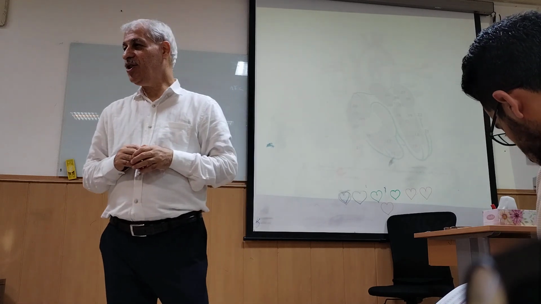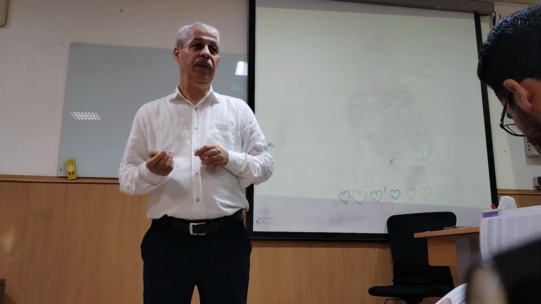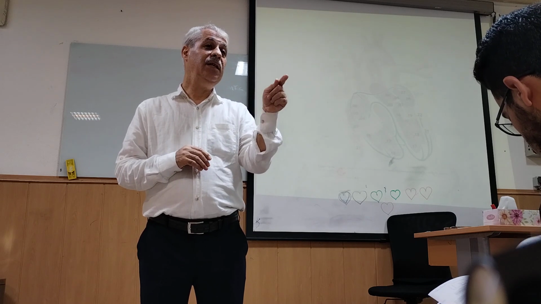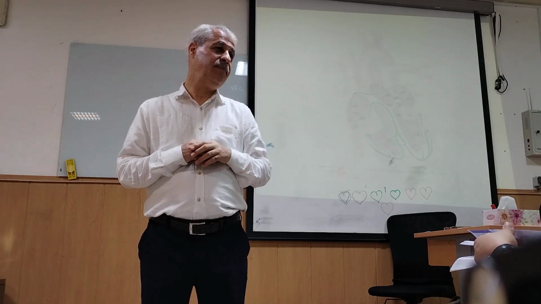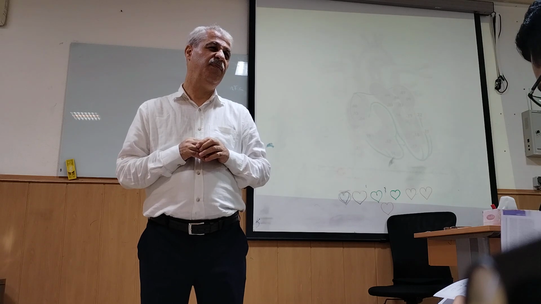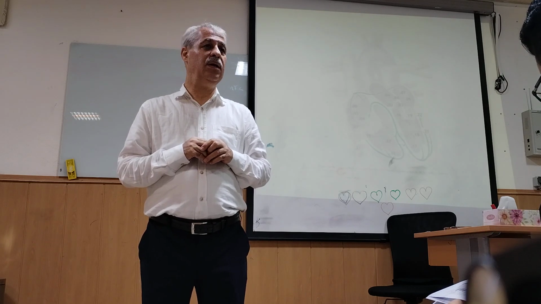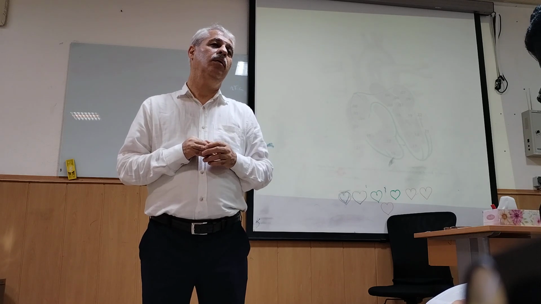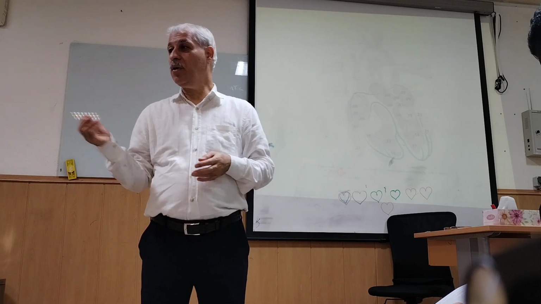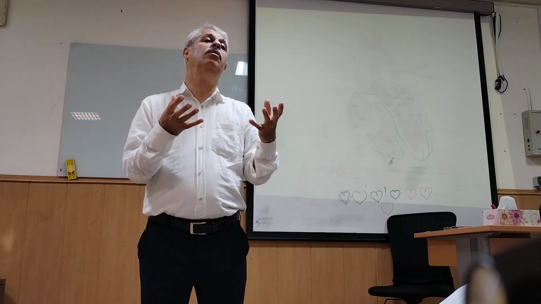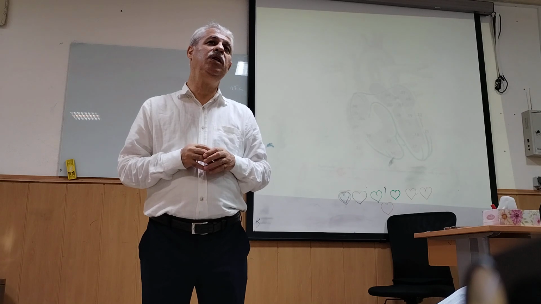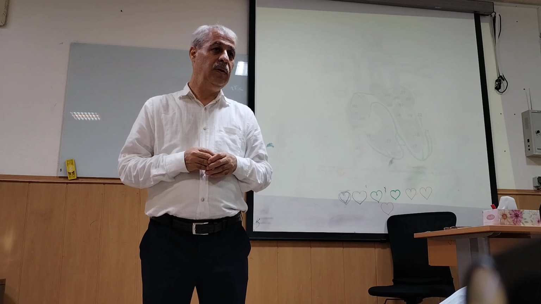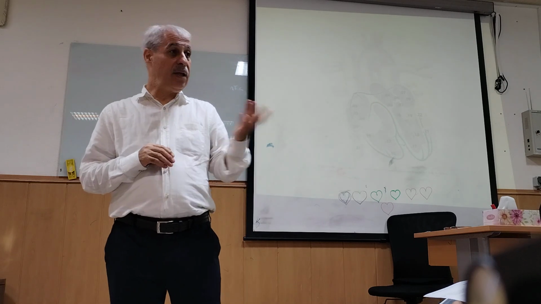But in a very rare situation, the impulse can pass in the opposite direction and activate the atria from down to up. Anywhere in the heart, even in the atrial muscle itself or ventricular muscle itself, in rare situations, especially during hypoxia, can send signals and activate the heart.